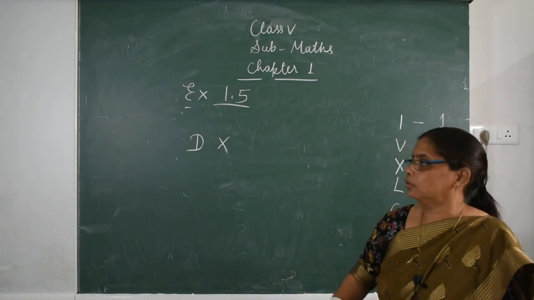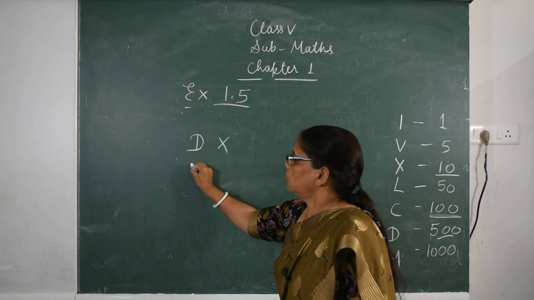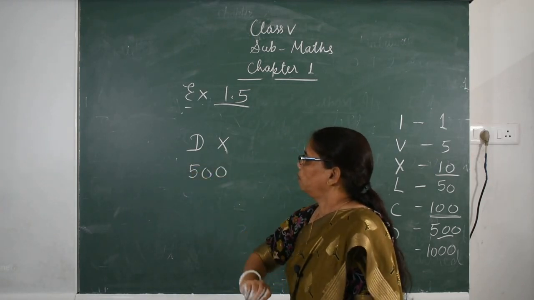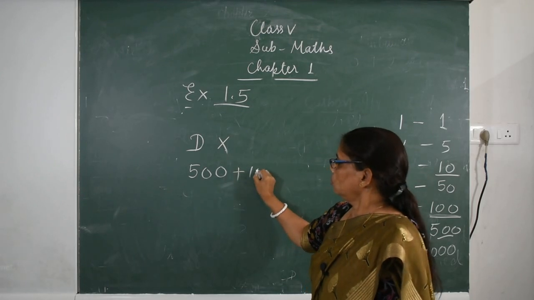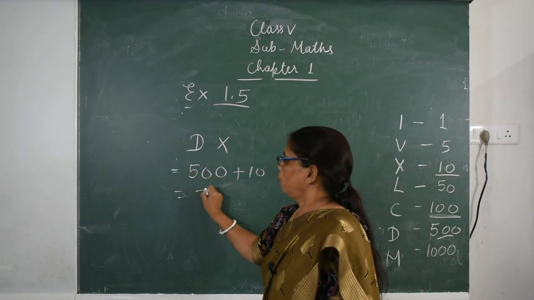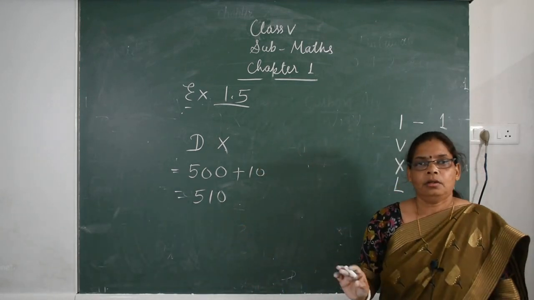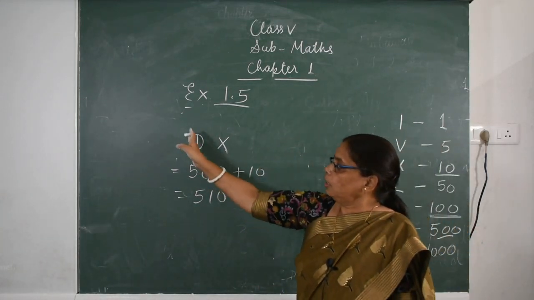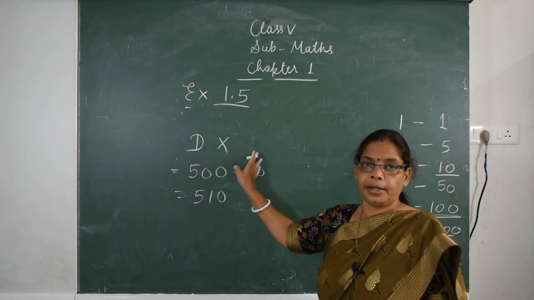Now D and X, and D stands for 500 and X stands for 10. So this one is 510. Children, you have to remember that when there is a bigger number here and a smaller number here, we have to add it.